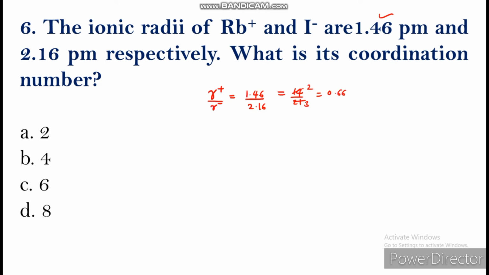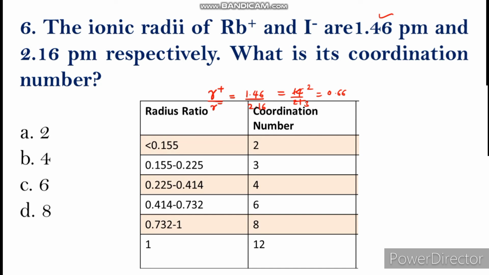approximately 0.66. Okay. Now if I look at this table, the first column represents the radius ratio. Here we have got the radius ratio as 0.66.